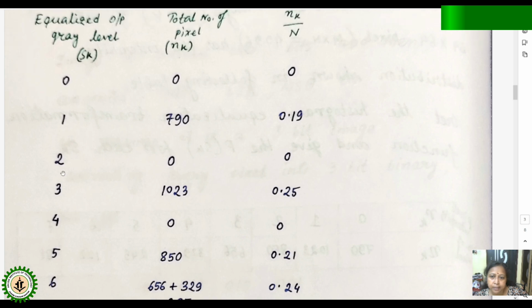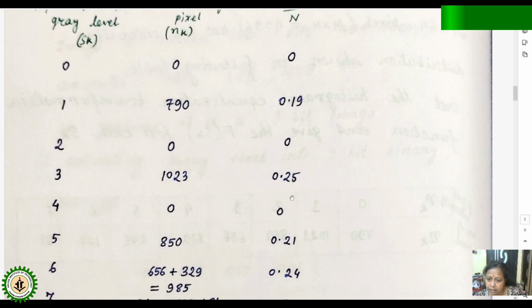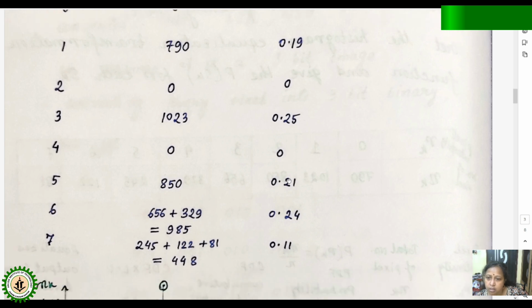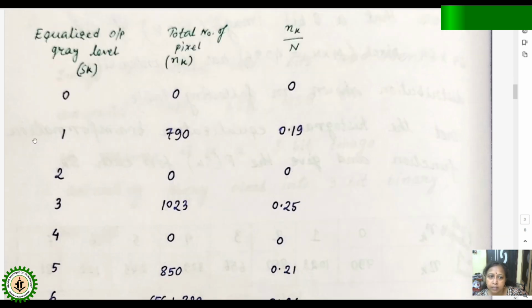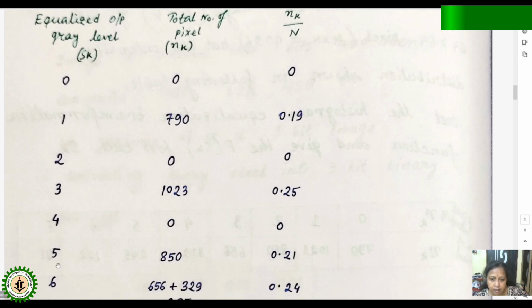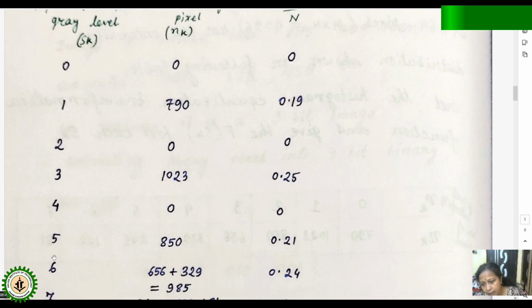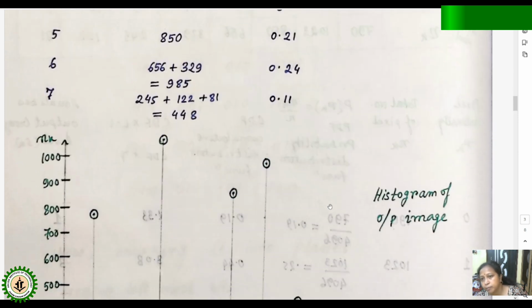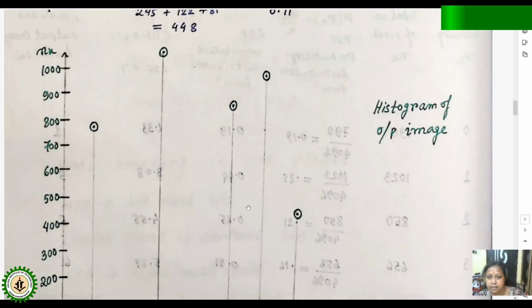For equalized output gray level 2, the nk by n value is 0. For equalized output gray level value 3, the nk by n value is 0.25. They are all very close to the value 0.2. So we can say that for pixel intensities 1, 3, 5, 6 and 7, there are almost equal numbers of pixels.